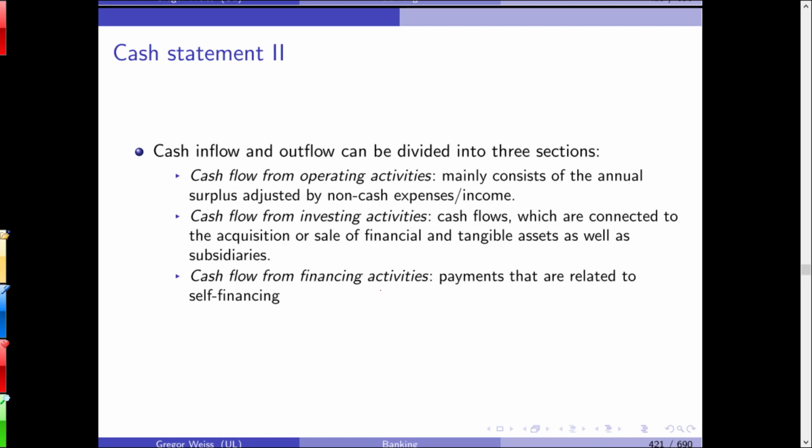And cash inflow and outflows can be divided into three sections: cash flow from operating activities, from investment activities, and from financing activities. And these three make up the inflows and outflows of your bank's cash reserve.